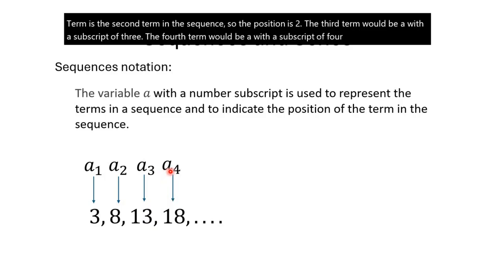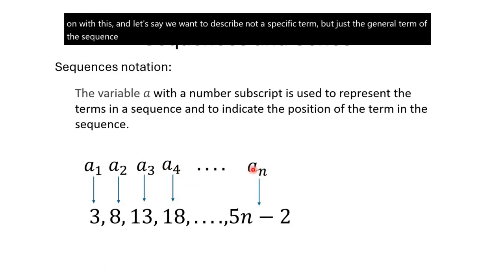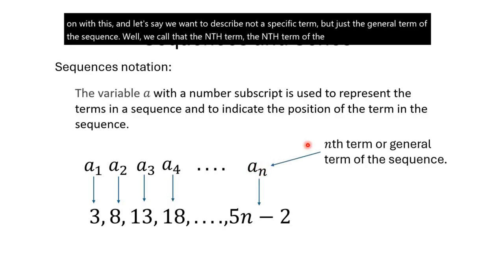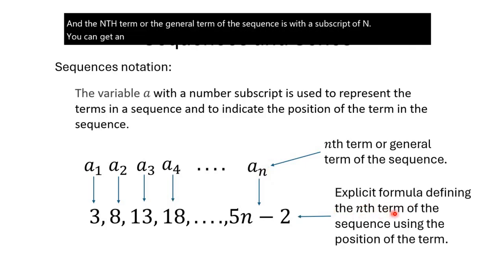You could continue on with this, and let's say we want to describe not a specific term, but just the general term of the sequence. Well, we call that the nth term of the sequence. And the nth term, or the general term of the sequence, is a with a subscript of n. You can get an explicit formula for that nth term by simply looking at the function that generates the terms.